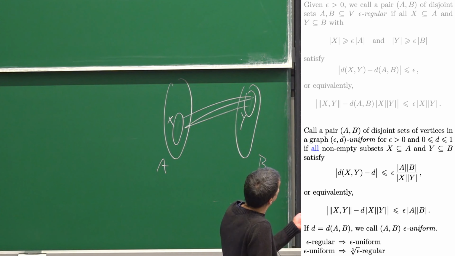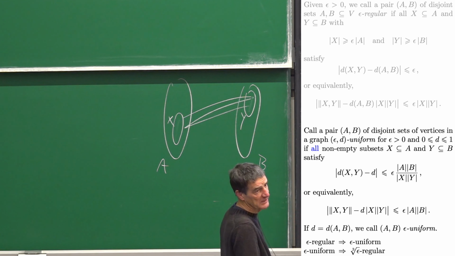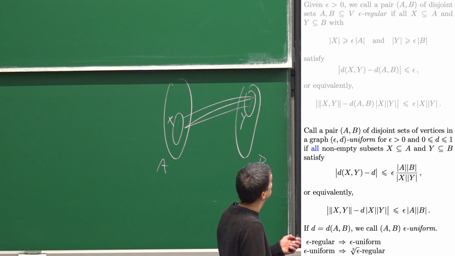But now we relax that and we allow the upper bound to be multiplied by a factor that is bigger than 1. So the factor is order A, order B, divided by order X, order Y. Right? Order X, order Y is smaller than order A, order B. So that is bigger than 1.